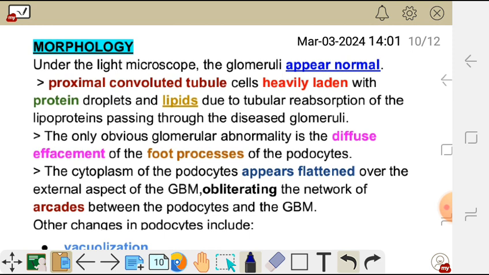So as I've already said, using the light microscope, we are going to have glomeruli which are normal. Okay, but we have what we call loss of proteins and also lipids in the urine. Once they are lost in the glomeruli, in the tubules we are going to observe what we call heavy laden with protein and lipids, droplets of lipids, due to reabsorption.